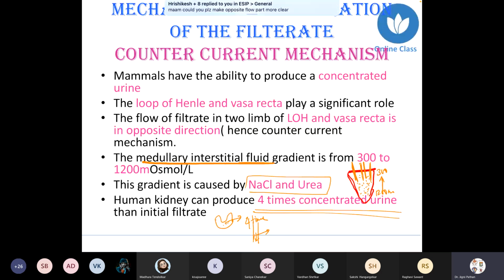Please write that. Can you see that slide? Rishikesh, I'll get back to you about the opposite flow mechanism. When we study the mechanism, you will understand it more clearly. Okay, Rishikesh? Are you done writing this part? Mechanism of concentration of filtrate by countercurrent mechanism.